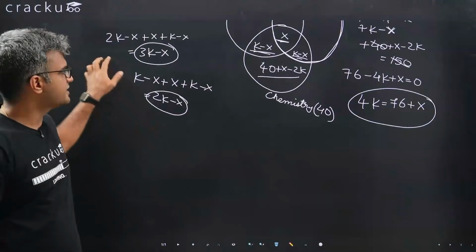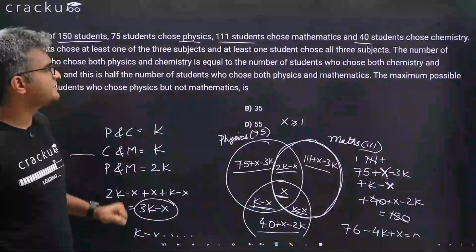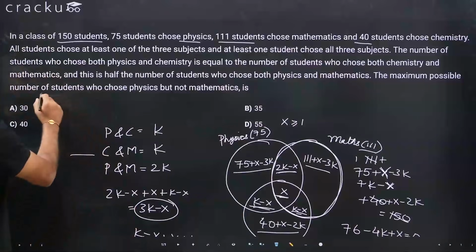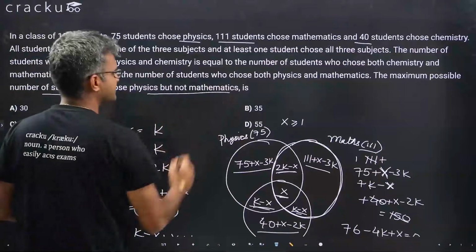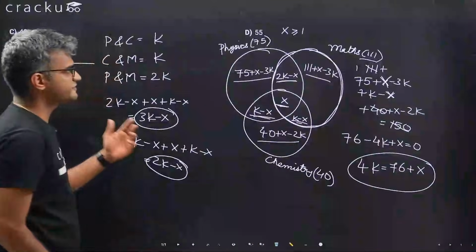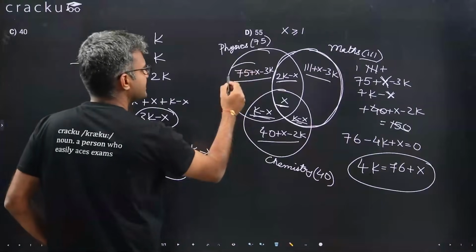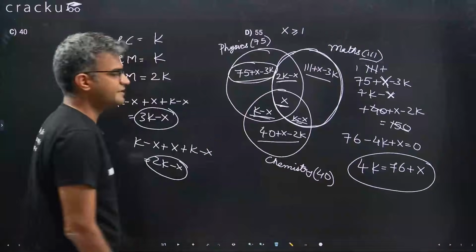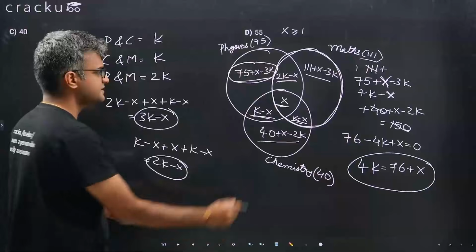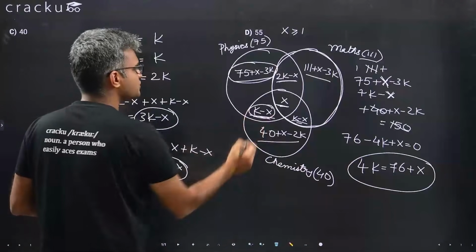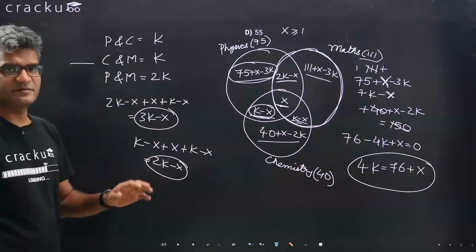What are we required to calculate? We are required to calculate the maximum possible value of the number of students who chose physics but not maths. The number of students who chose physics but not maths will be this number, which represents the number of students who chose only physics, plus this number, which is the number of students who chose physics and chemistry but not maths.